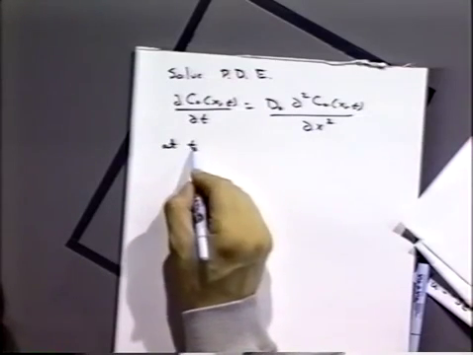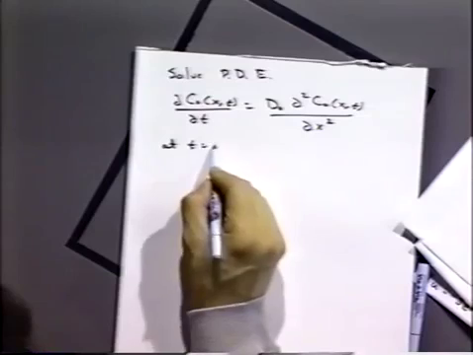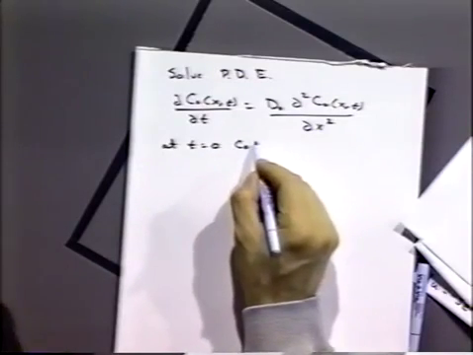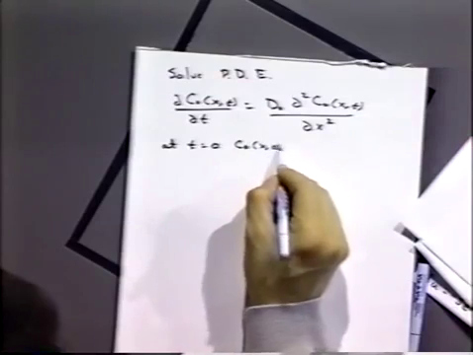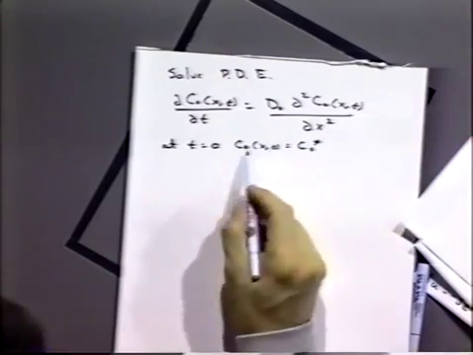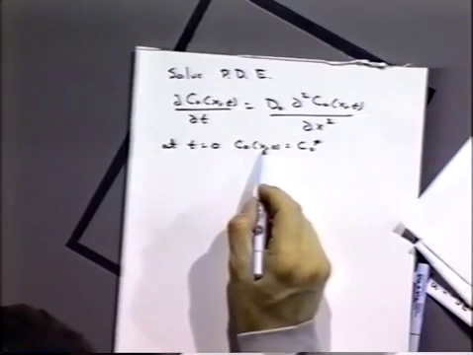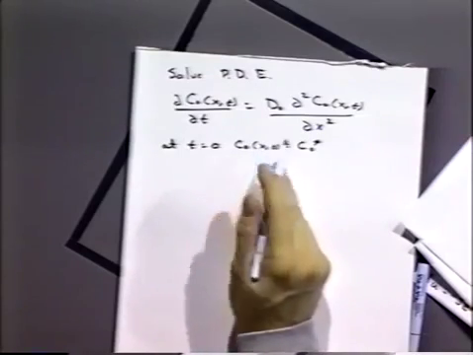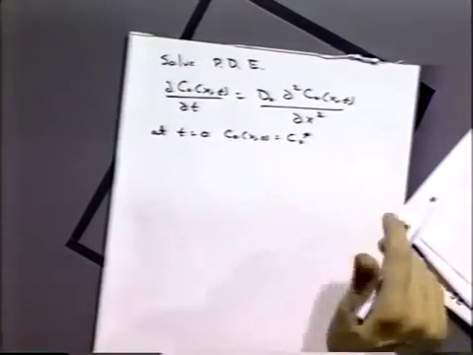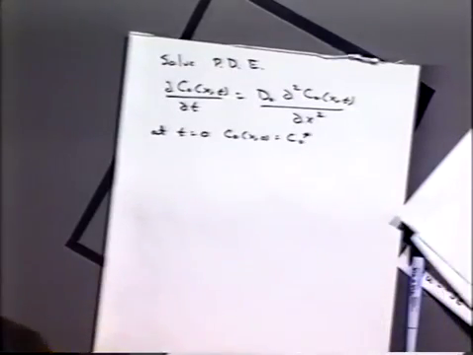Now we can put in some boundary or initial conditions at least. At t equals 0, the concentration of O is equal to the concentration of O in the bulk. So in other words, at any position x in solution, the concentration would be equal to the bulk.